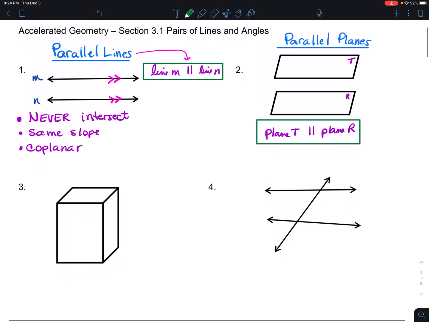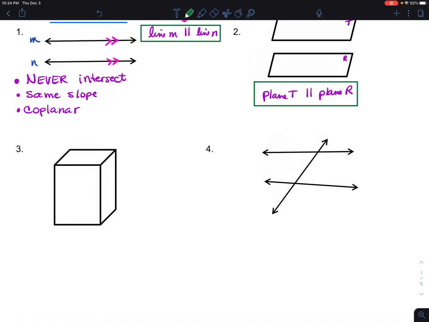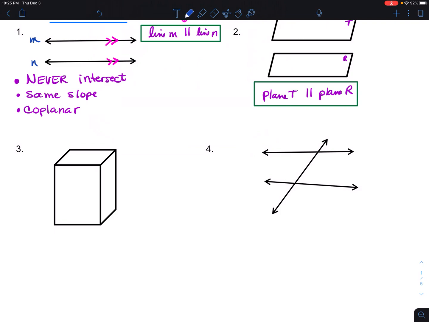Okay, moving on to number 3. Here we're going to talk about skew lines. Think of driving on the freeway and then you go under the overpass, the street that goes over you.